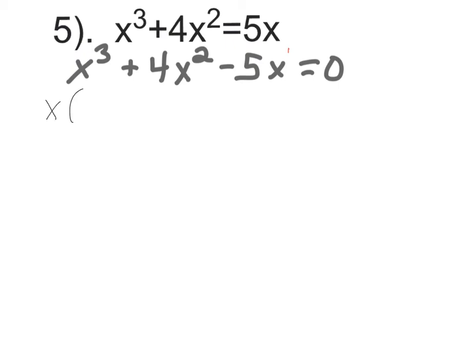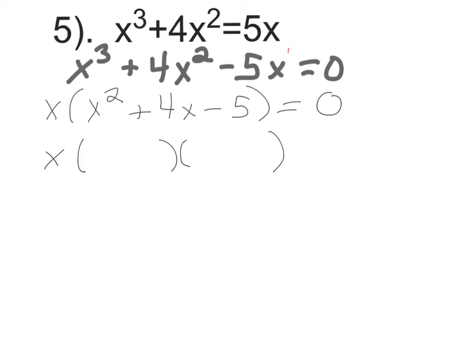So we're going to have x times x squared plus 4x minus 5, and all of that is still going to be equal to 0. Now I have a trinomial that I can factor. So I can factor this using Xbox. Okay, so let's do that. So we're going to take x, and then we're going to set up a spot for two binomial factors. And these are all going to equal 0.